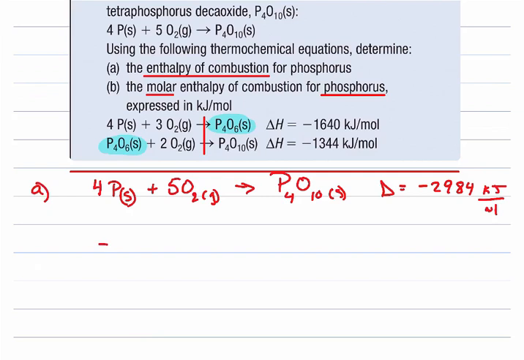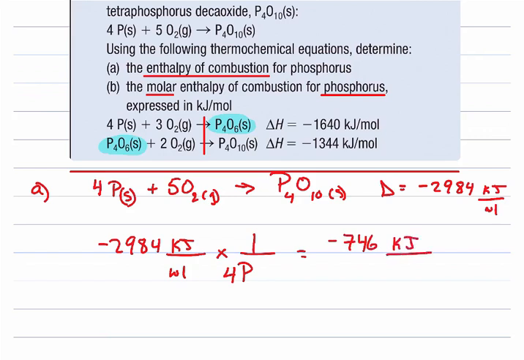Well, we take our negative 2,984 kilojoules for every mole, and we're going to figure out what happens when we divide it by 4 phosphoruses. So we have 2,984 divided by 4, and that gives us negative 746 kilojoules for every mole of phosphorus.